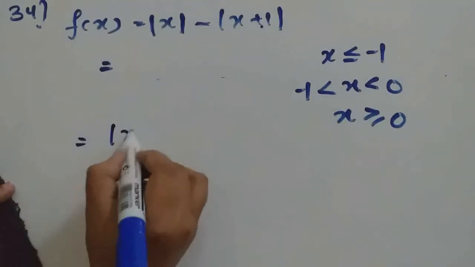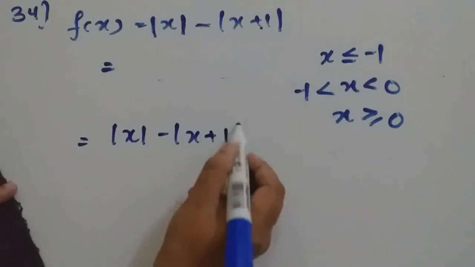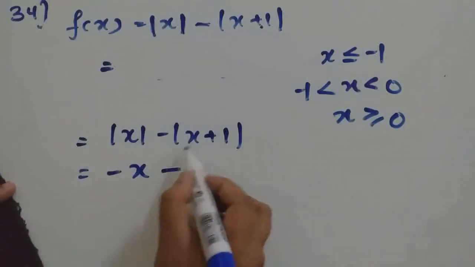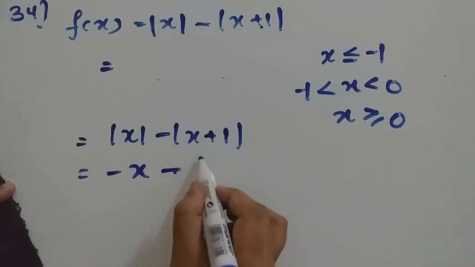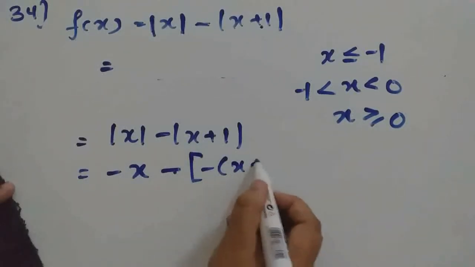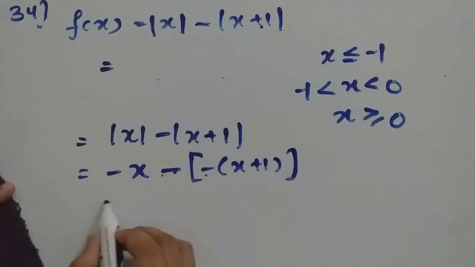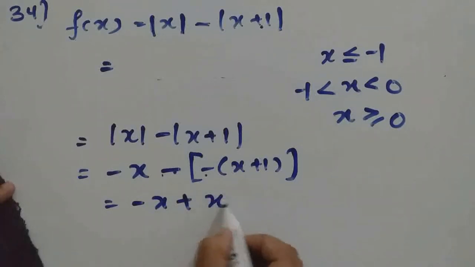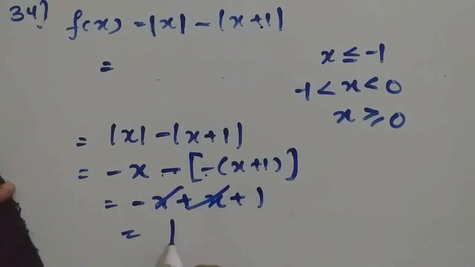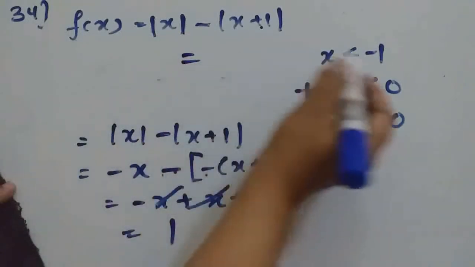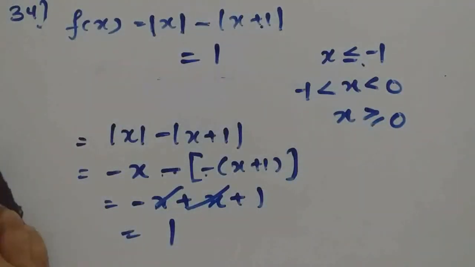So mod x minus mod x plus 1 becomes minus x minus, minus of x plus 1, which is minus minus, so plus, x plus 1. So the answer is 1 for this region.